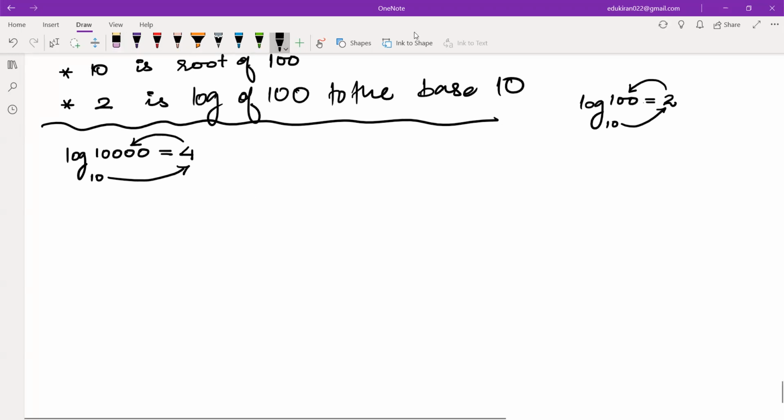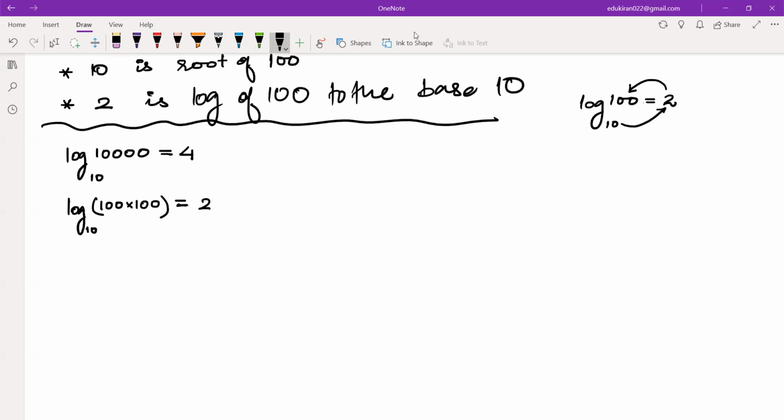Now please tell me, and please stop me, Hiba, if I do anything wrong in terms of mathematics. Okay, simple mathematics. Log of, I can write 10,000 as log of 100 into 100. Yes or no? Tell me. Yes Hiba, can I write this? Okay, can I write 4 as 2 plus 2?